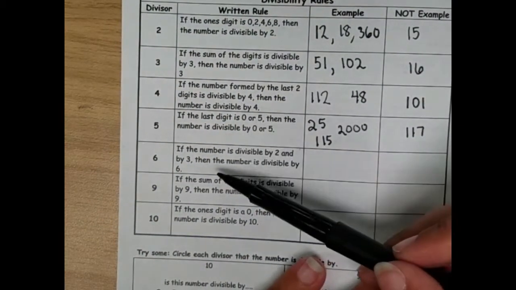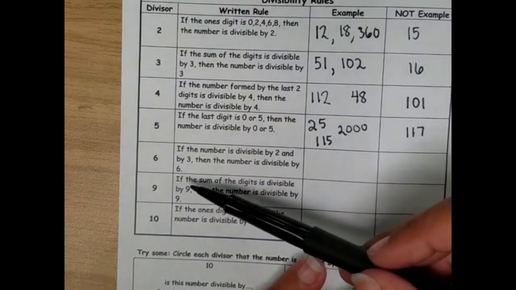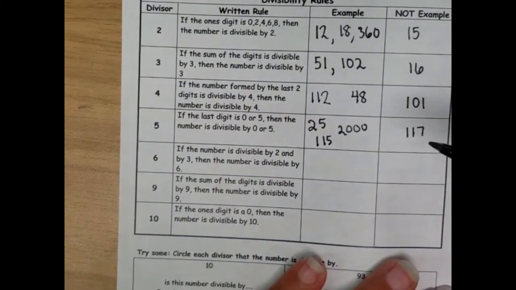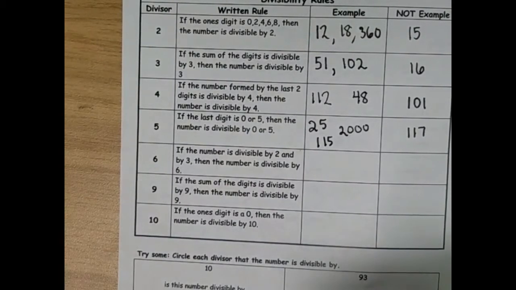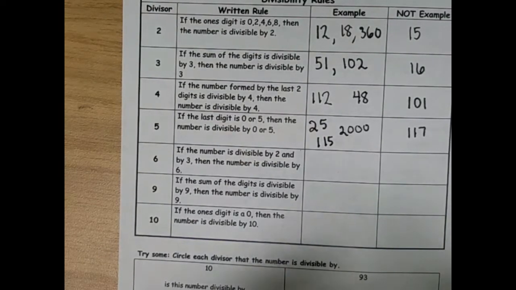All right, 6. If the number is divisible by 2 and by 3, then the number is divisible by 6. So remember, to be divisible by 2, you have to be even. And to be divisible by 3, your digits have to add up to be a number that can be divided by 3. So let's think about one.